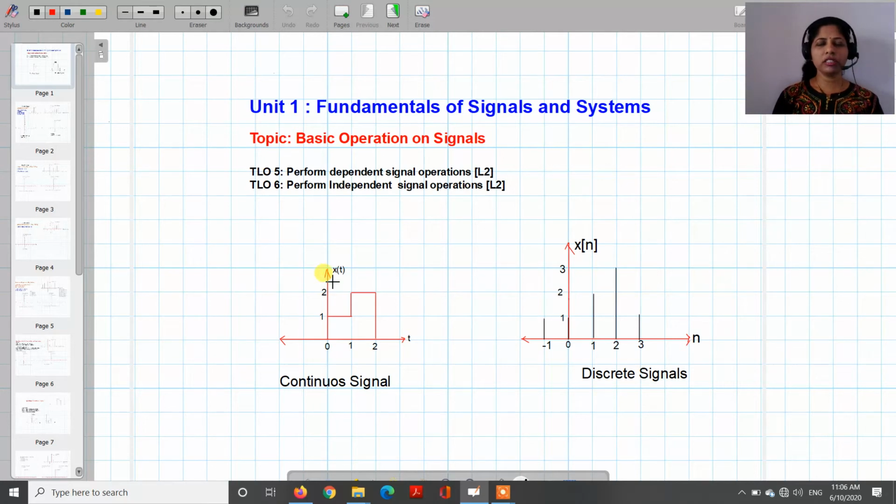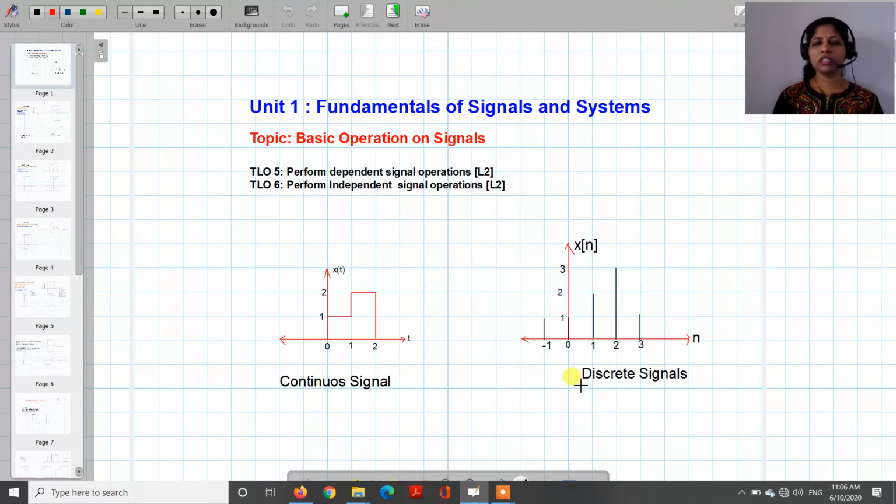Based on this dependent axis and independent axis, we have two types of operations: dependent operations and independent operations. When we work on the y-axis, on the strength or amplitude of the signal, those operations come under dependent operations, and when we work on the independent axis, the time axis, those operations come under independent operations.